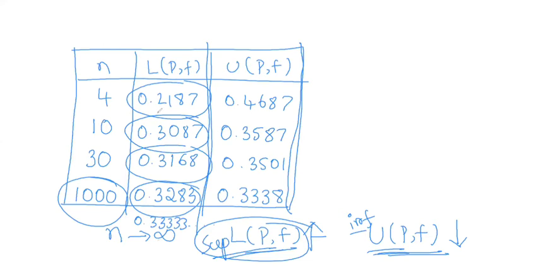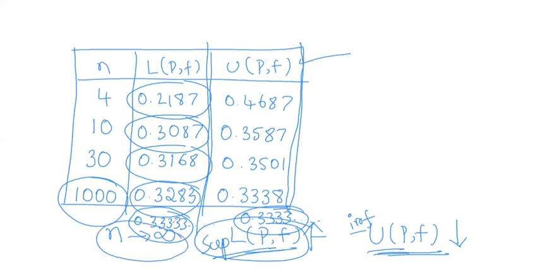That means they are gradually increasing and approaching 0.3333. And you can try with some more subintervals. And here also, as the number of subintervals increases, the upper Riemann sums gradually decrease and approach, once again, the same value 0.3333.